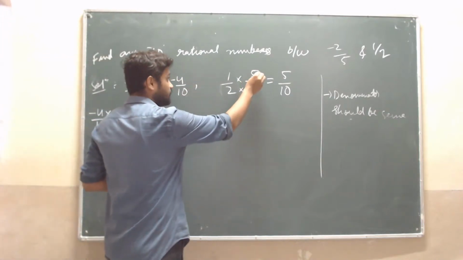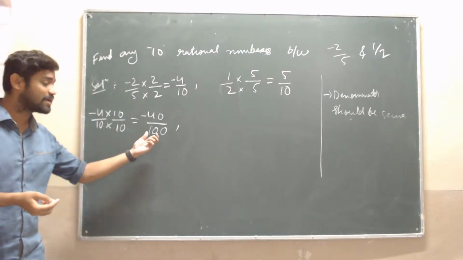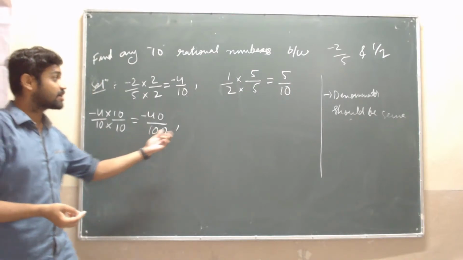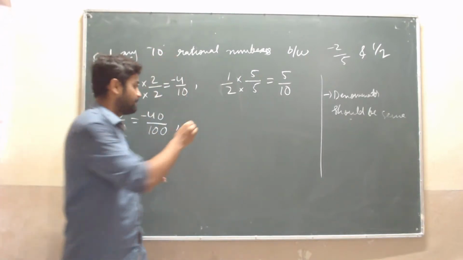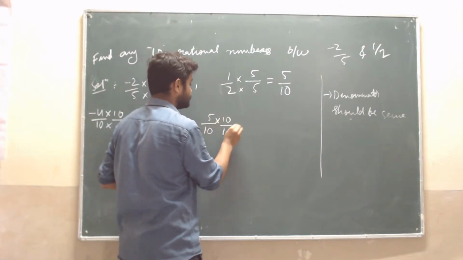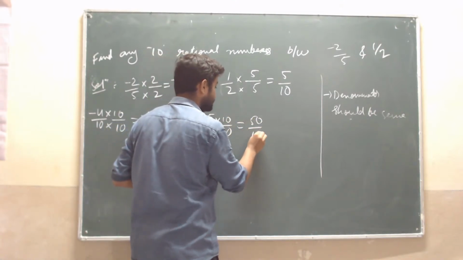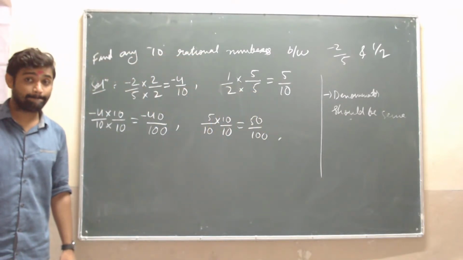Then between minus 40 by 100 and 5 by 10 we have to make sure the denominator is the same. For this we multiply and divide by 10, that is 5 by 10 into 10 by 10, that is 50 by 100.